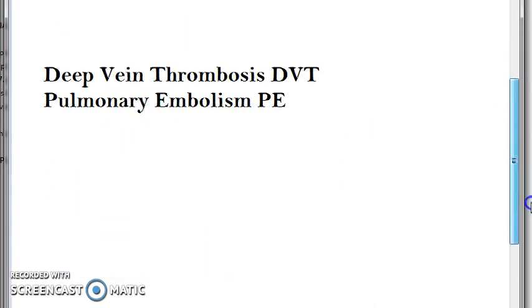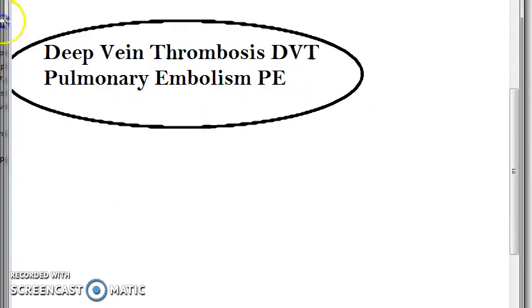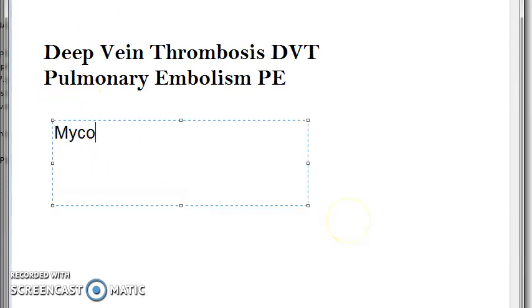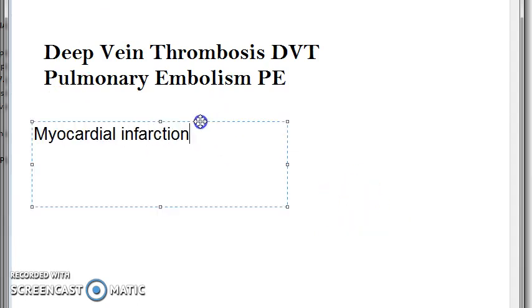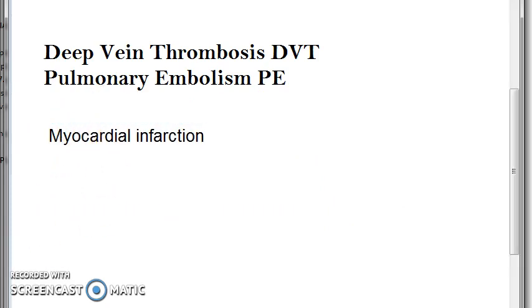Coming to specifics, you can use it to treat deep vein thrombosis and pulmonary embolism. Just telling you the main things here, then you can add further on each of these. Then in case of myocardial infarction, you want to give it to remove any blockade or to make the blood not coagulate as much.